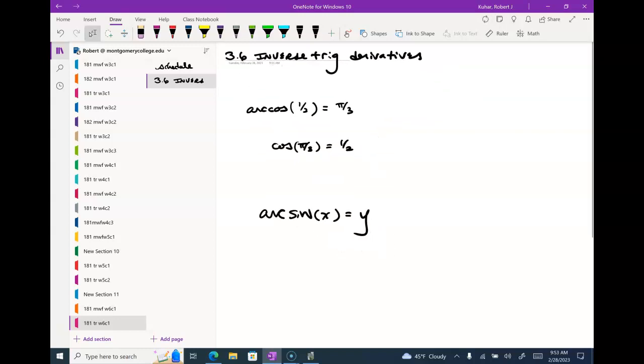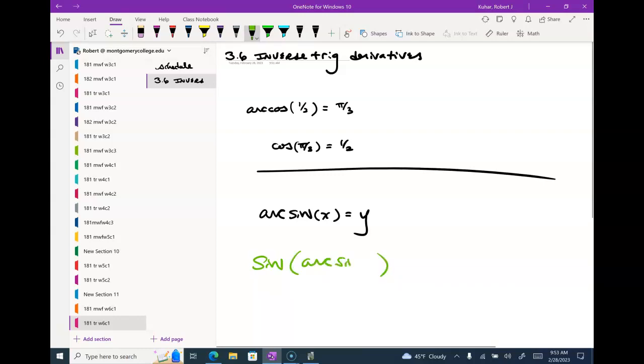I want to find this derivative using implicit differentiation, but I don't know what to do. So I realize I can take the sine of both sides. I can take the sine of the arcsine of x, and that should equal the sine of y. What happens on the left-hand side? What do inverse functions do to each other? They cancel, right?